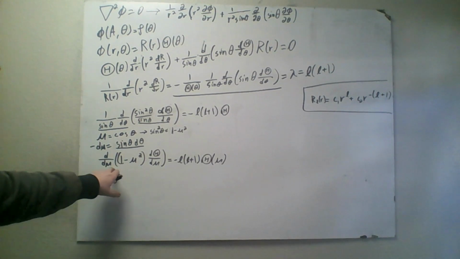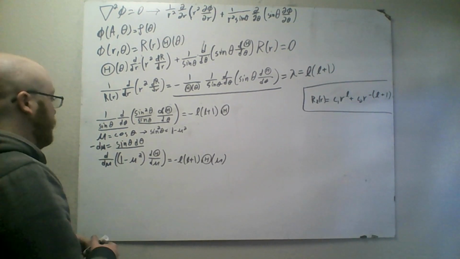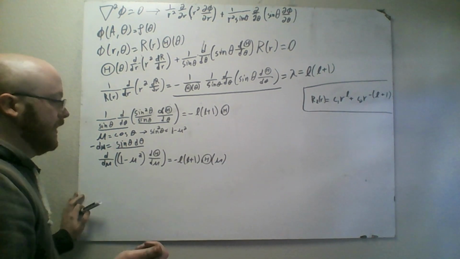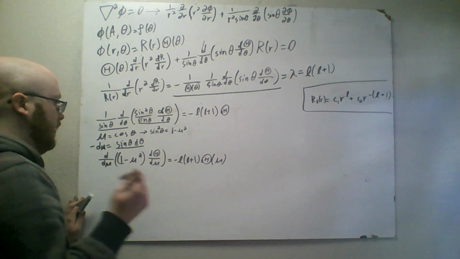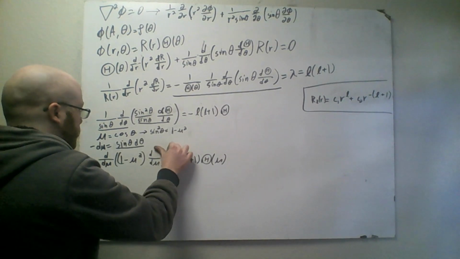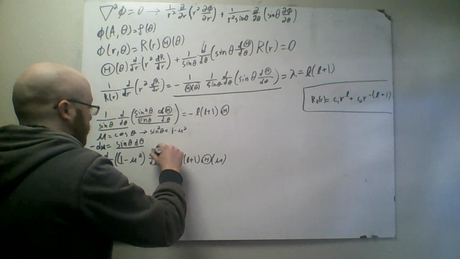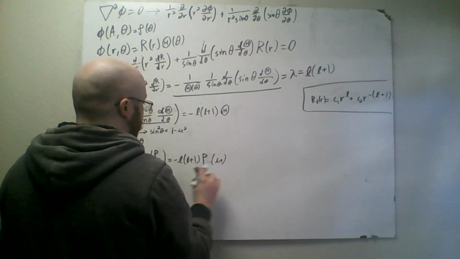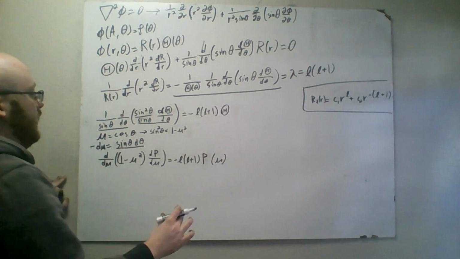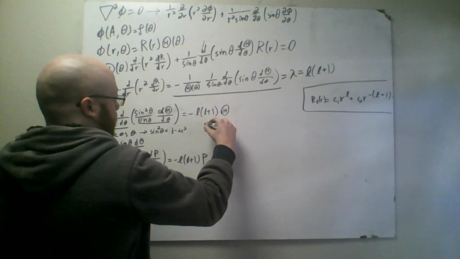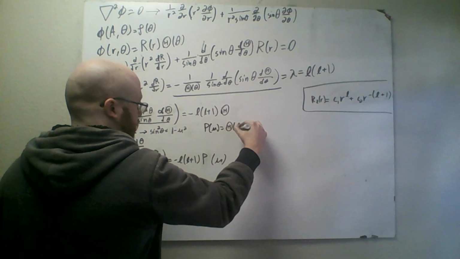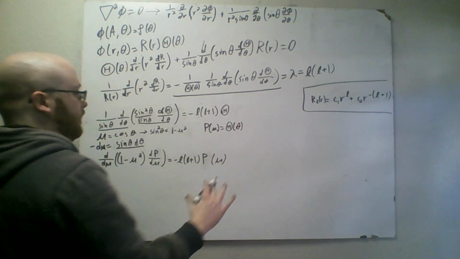So now what we're going to do is expand this out, take the derivative. Because the Legendre polynomials are written as a P instead of a theta, right? I'm actually going to do this. They're normally written simplified as P, so I'm going to just do P of mu. Right, and the other thing is I'm just going to say theta.